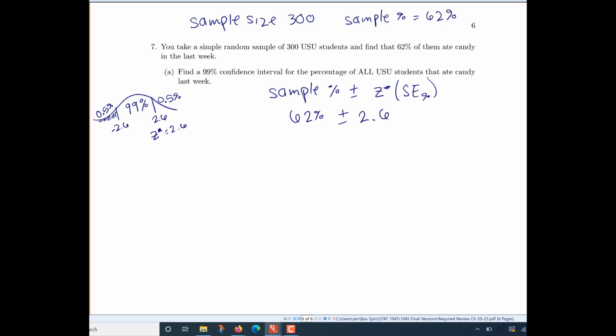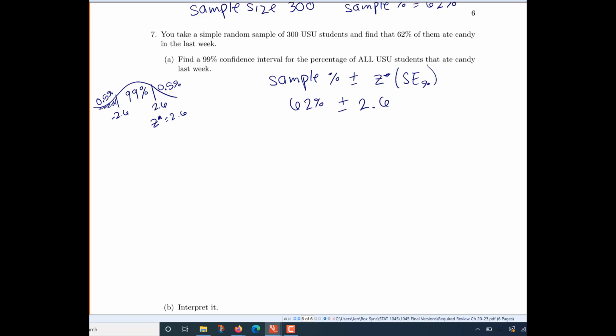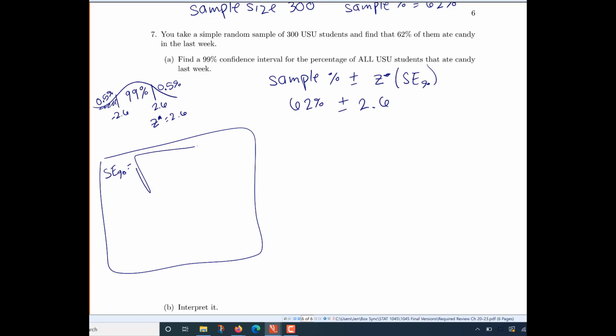Oh, I still don't have that standard error yet. So we need to go find that. That's again that really long formula we don't really like. Population percentage times 100% minus the population percentage, all over the sample size. Make sure everything ends up inside the square root when you do it. Now in our case, we don't know the population percentage, but we can guess it by our sample percentage, which is 62%.